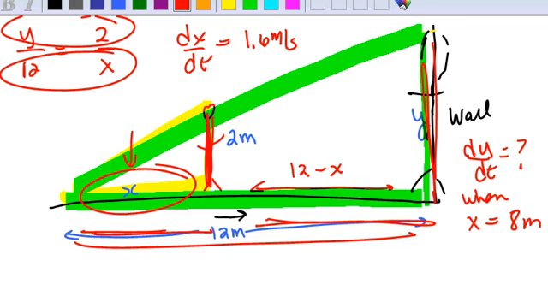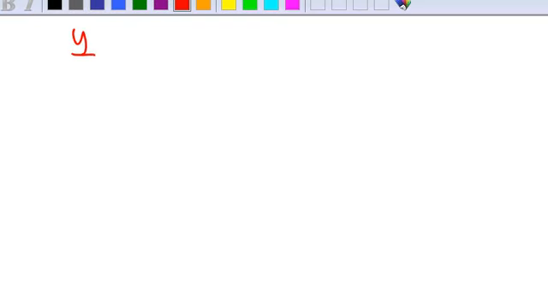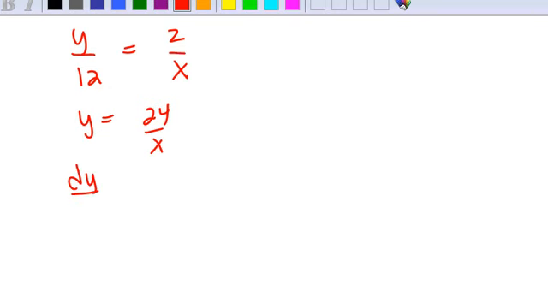All right, so now I've got to take the derivative, and I'm going to insert a new page to do that. My relationship is y over 12 equals 2 over x. I'm going to get y all by itself, so it's 24 over x, just multiply both sides by 12. Then I take the derivative of y with respect to time, because we're talking about how fast things are changing.